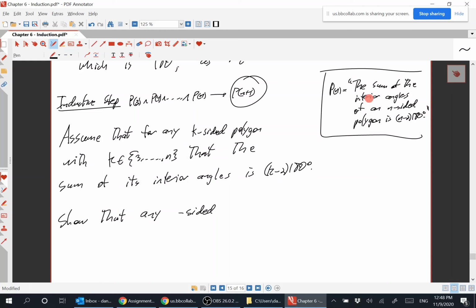And what do I get? We have to show this is true. What is Pn plus 1? This is the function Pn right here.